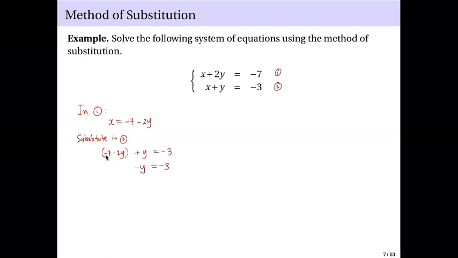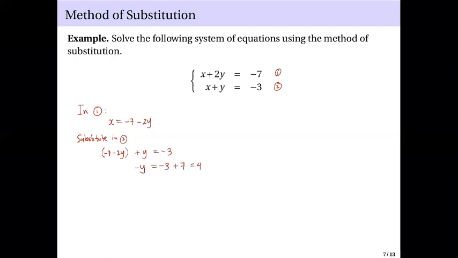And then this guy here, so minus 7 in this side, we put it on the other side. This becomes plus 7. And minus 3 plus 7, this is equal to 4. And therefore, so minus y equals 4.